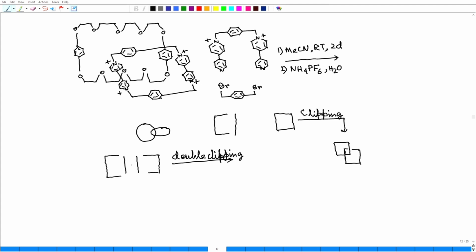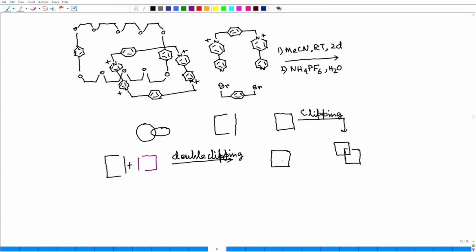This plus this. Maybe I will use a different color, probably that will be better. Let me draw that. Double clipping means I will get this. These things are a little bit cumbersome to do, but once you get a hang of it, it is very easy, no problem.